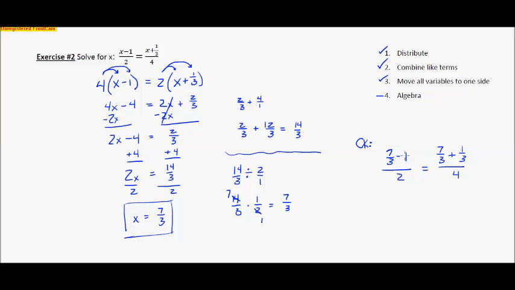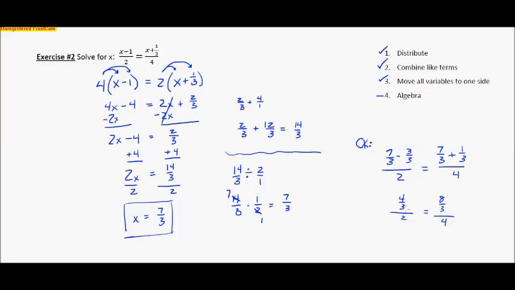But now you've gotten rid of the variables over here, so really I can do this math first. I'm going to erase this 1 and make it into a 3 over 3, just to get a common denominator. So 7 over 3 minus 3 over 3 is 4 over 3 over 2. And 7 over 3 plus 3 over 3 is 8 over 3 over 4.